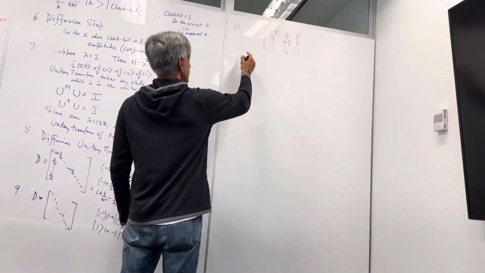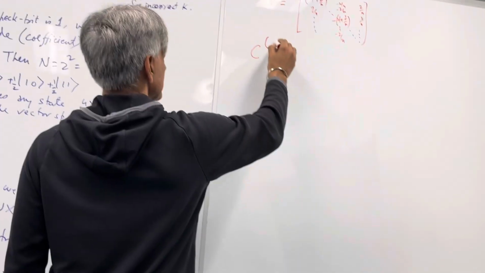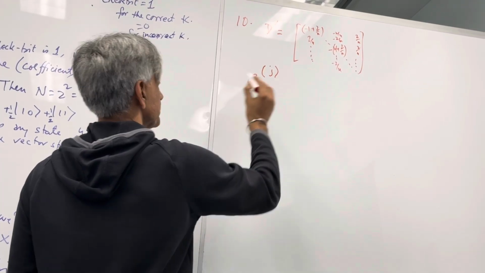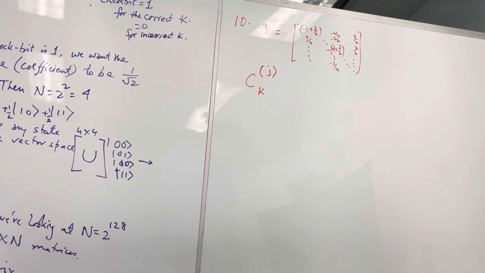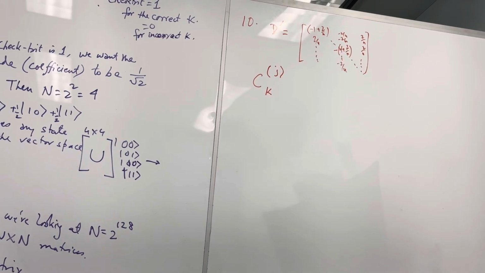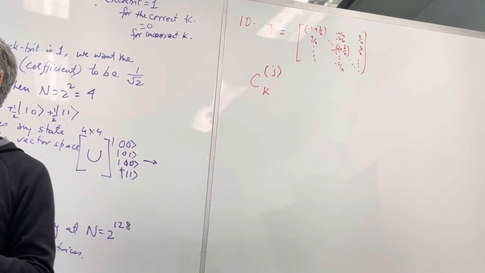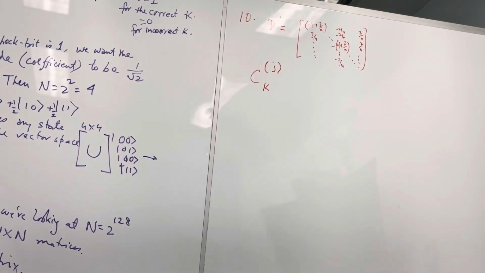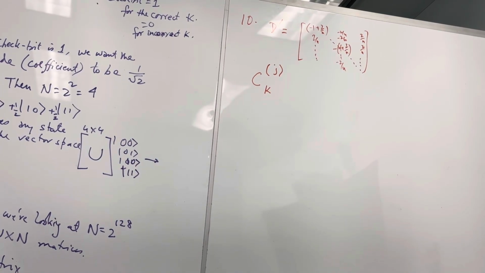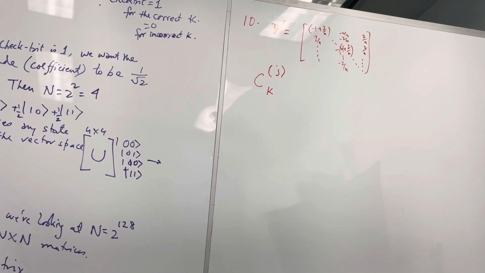Let's call the coefficient in step j of k. Remember, k is going over all the 2 to the 128 things. And when j is 0, that is the initial state. So C0k is 1 by square root N for everything. Same. But let's see, if we do one step of this, does our particular k get a slight benefit?